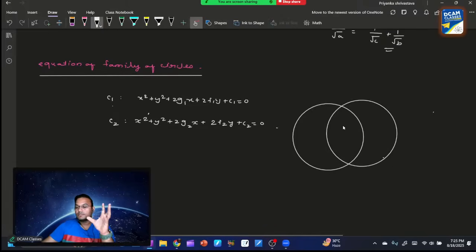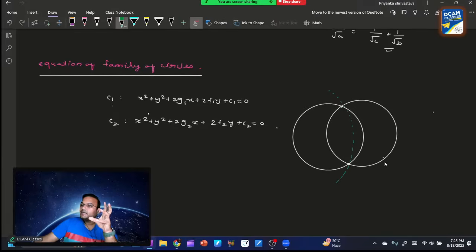if I take these two circles, and assume that they are intersecting with each other, then the points of intersection of the two circles will be this and this. Now they want all the possible circles of all the possible radii which are passing through these 2 points.